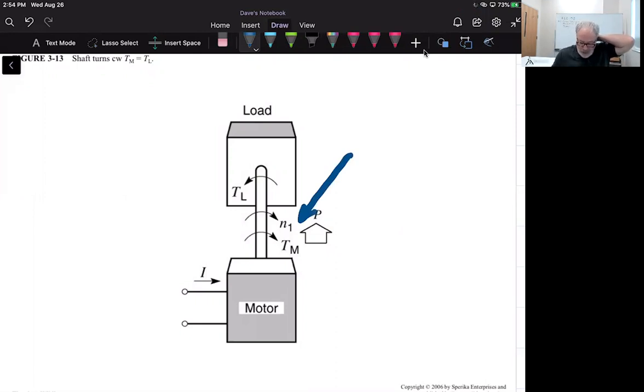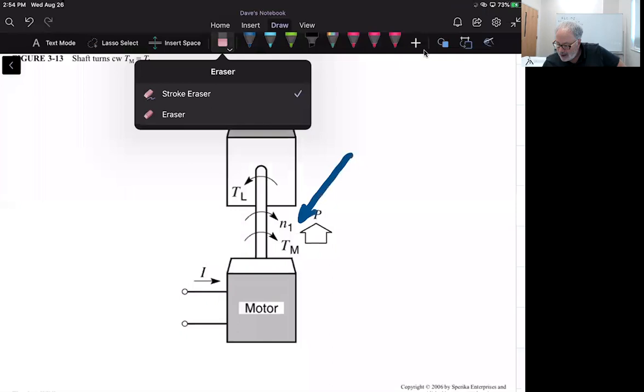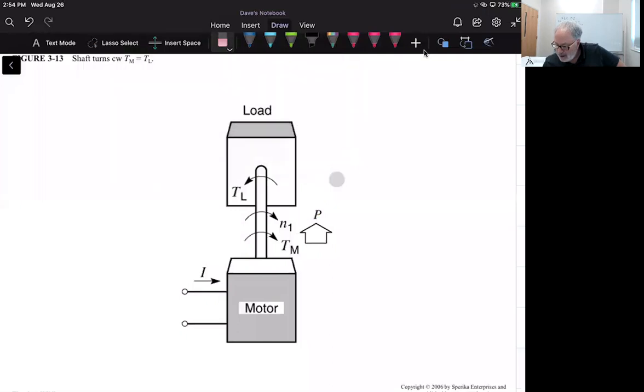So in that particular instance, when the torque is acting in the same direction as the speed, the motor is supplying power to the load. And that's what figure 3.13 is all about. And consequently, the load receives mechanical power from the shaft, okay?